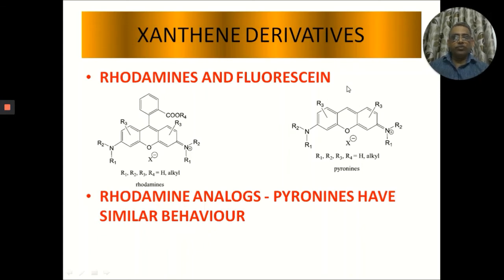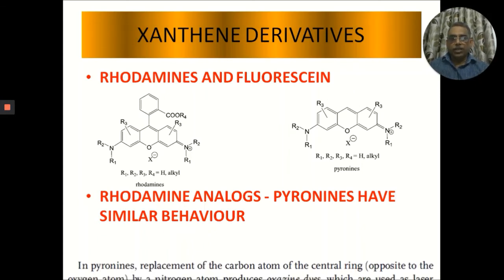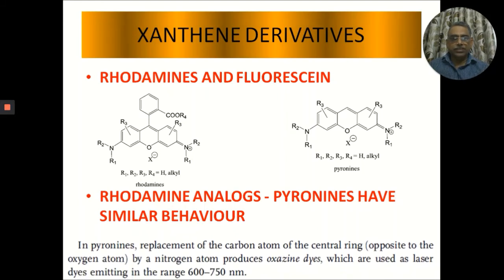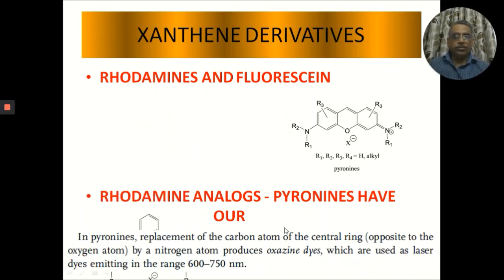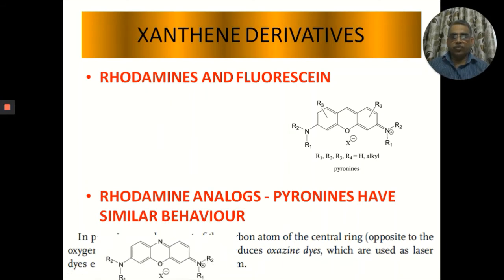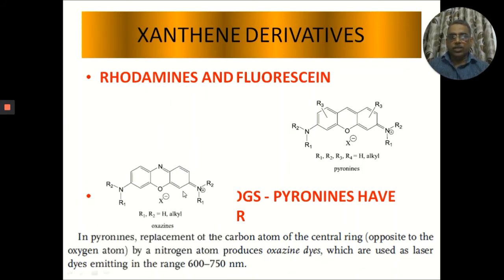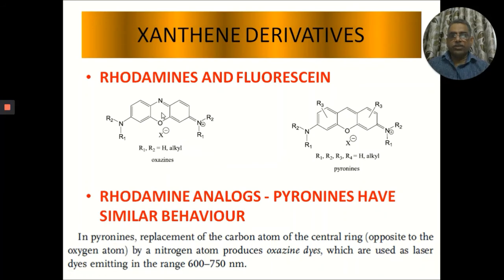In pyranine, as we see, replacing the carbon atom of the central ring with the opposite nitrogen produces your oxazines. You can really make an oxazine derivative also. This carbon can be replaced with nitrogen, which gives you oxazine.